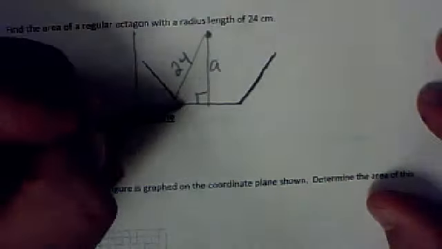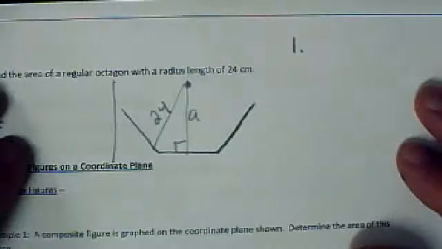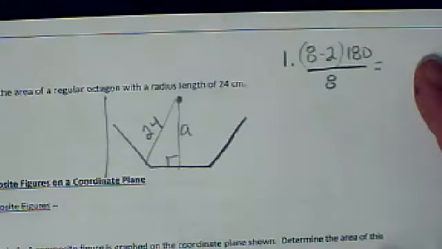So I need an angle measurement, just like I did in example problem 2, in order to find A. So I'm going to use that same formula, n minus 2 times 180. The only difference is now I'm using 8, since I have 8 sides. 8 minus 2 times 180 divided by 8. So 8 minus 2 is 6. 6 times 180 is 1,080.